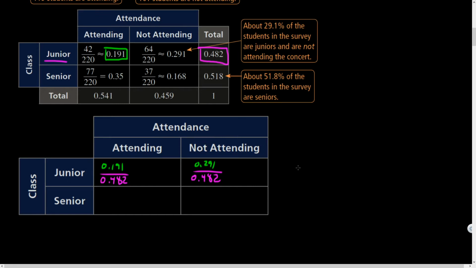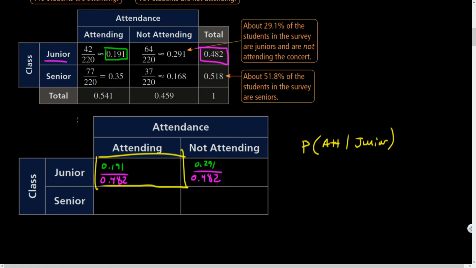This is answering the question, for this cell right here, what is the probability that someone is attending given they are already a junior. And so it's analyzing a portion of the population. And I think we've already alluded to some of that in our analysis in the previous video. All right, but that's kind of what that would be looking at.